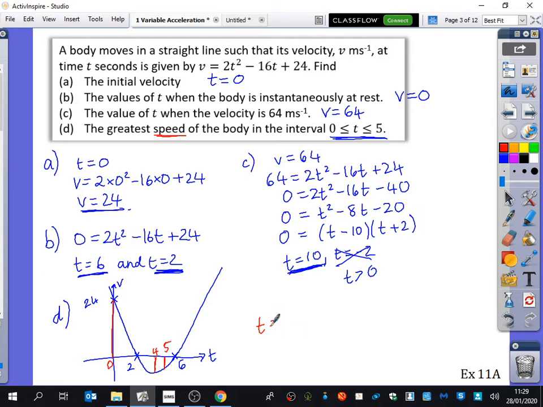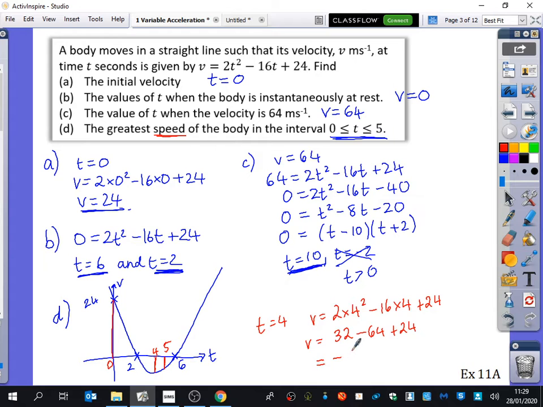So if I say that t is equal to 4, we get that v would be equal to 2 times 4 squared minus 16 times 4 plus 24. So that becomes 32 plus 24 minus 64. I've written that in the wrong order: 32 minus 64 plus 24. And what does that come to?